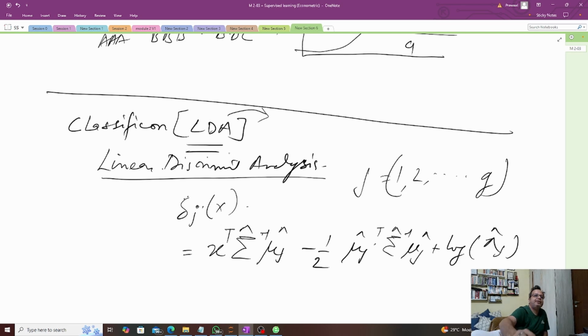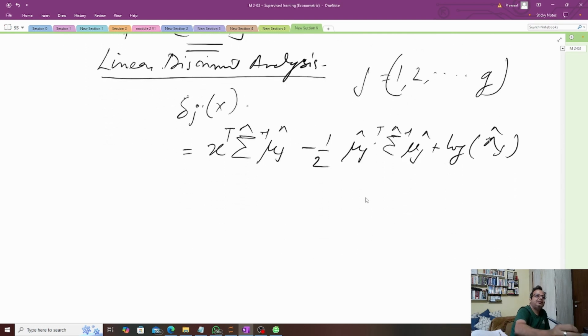So this is a very complex equation. That's why I don't want you to go beyond just looking at this equation and saying this is how linear discriminant analysis happens. X, of course, is the feature vector, so this is easy.